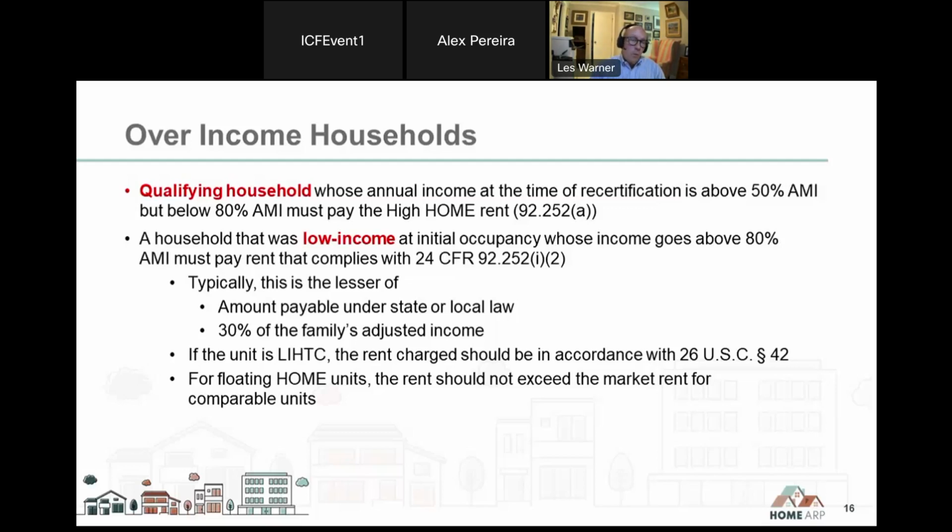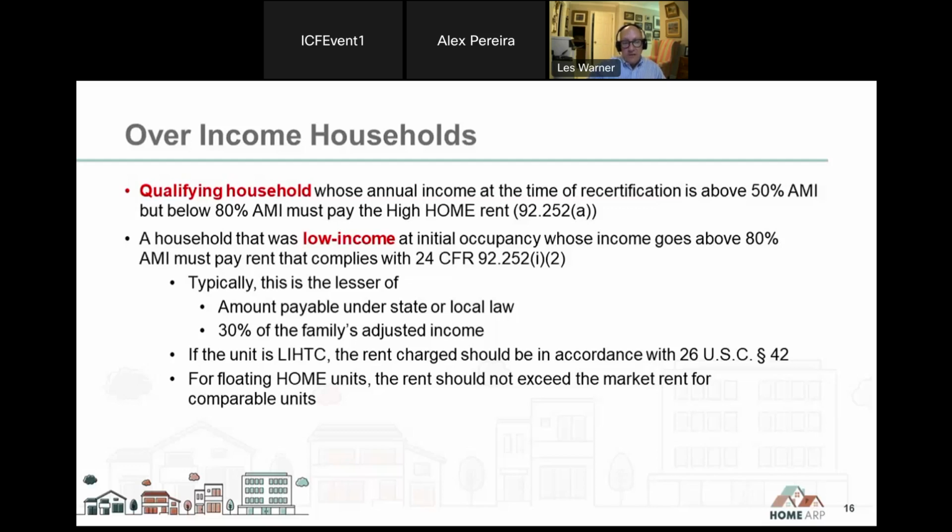This is what you're familiar with from regular HOME. We are going to be recertifying their income. We could be doing our full certification with 2 months of source documentation, or we could be accepting another program that was finding them eligible. But we're going to be adjusting their rent when they go over 80% AMI.